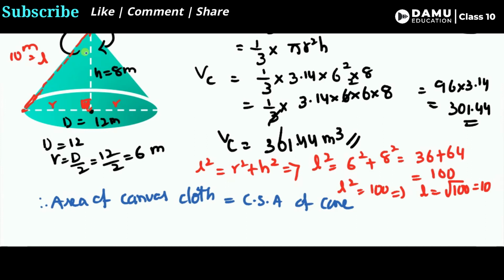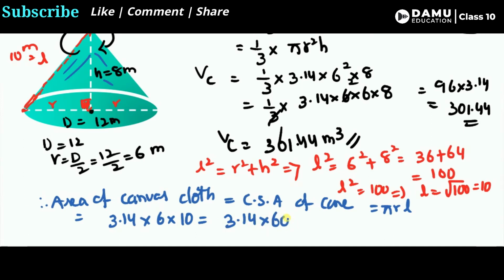So what is this? Pi r L. Pi will be equal to 3.14. R we know, that is 6, into L, which is equal to 10. So we will get 3.14 into 60. So 3.14 into 60, what value will we get?